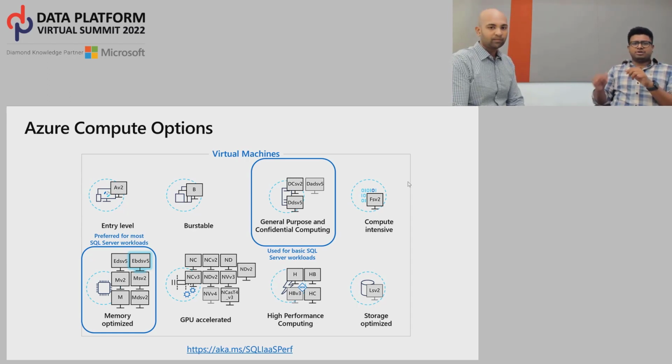If you want me to really cherry pick two of those, I would say EDS v5, and you would have heard us talking again and again about EBDS v5. I think you would talk about that in your slides a lot. EDS v5 and EBDS v5 are the most preferred and product group recommended VM series for running SQL Server workloads on Azure Virtual Machines.